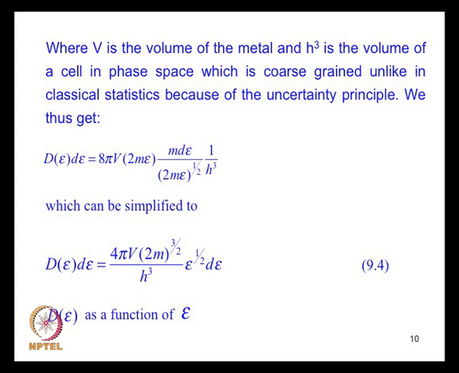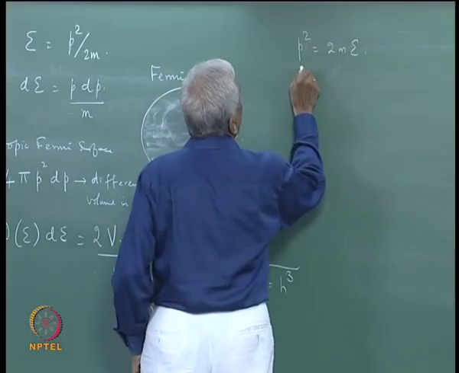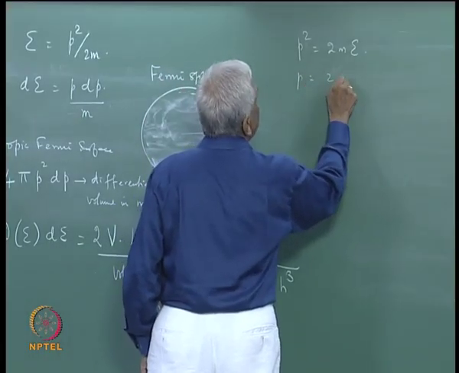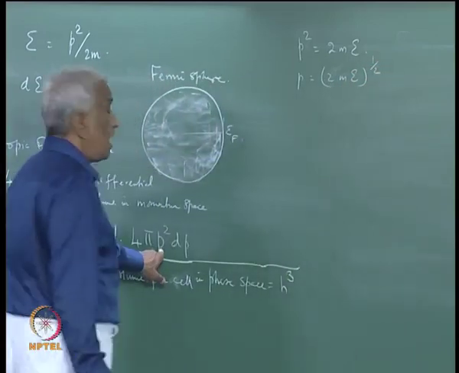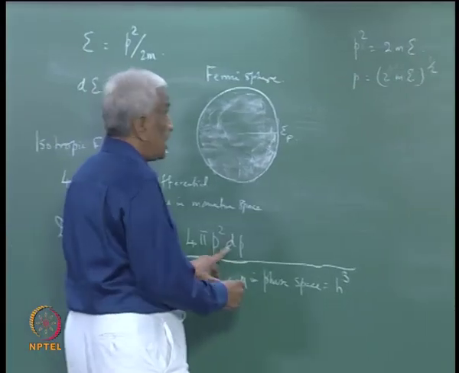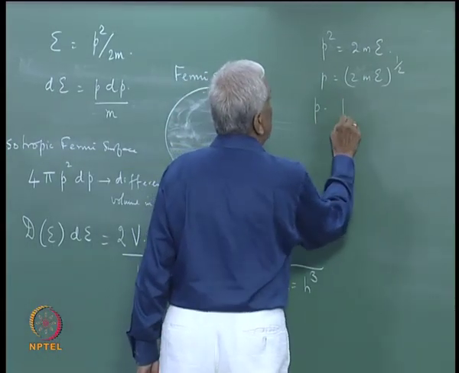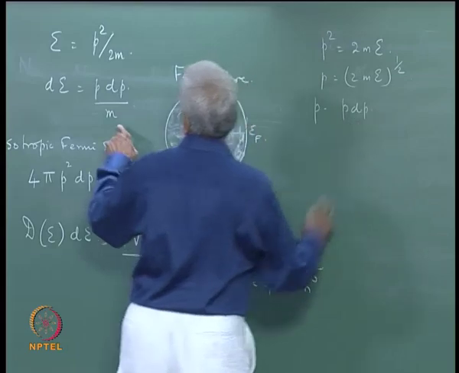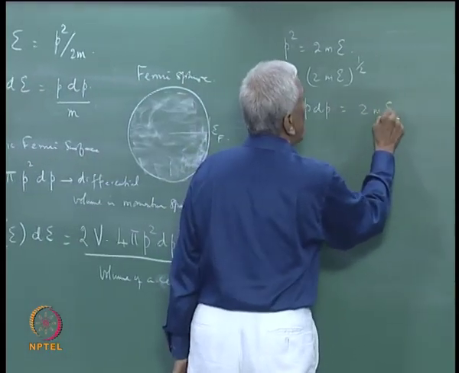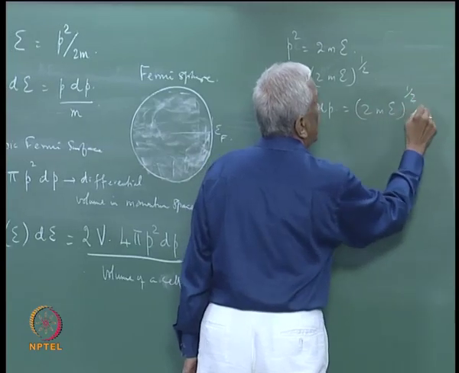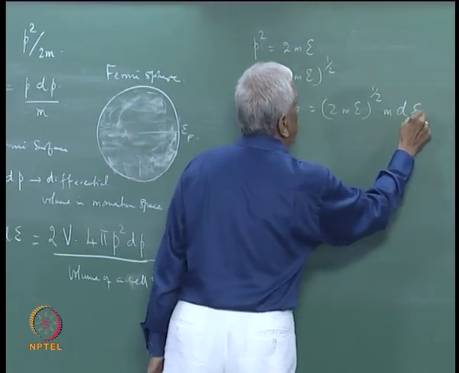Therefore, we just substitute p square is just 2mE. So, 4 pi, so p is 2mE to the power half. Here I have p square dp, which I can write as p times p dp. P dp I already have as m dE. So, 2mE to the power half times m dE.